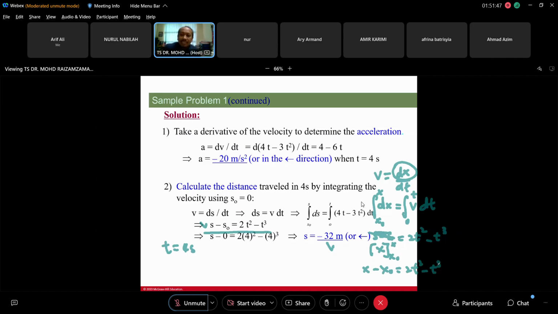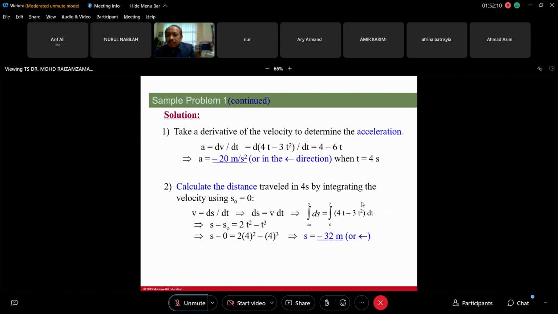So class, is it clear on how to get the position and how to get the acceleration? Any question, class? Okay, clear? Clear, Doctor.